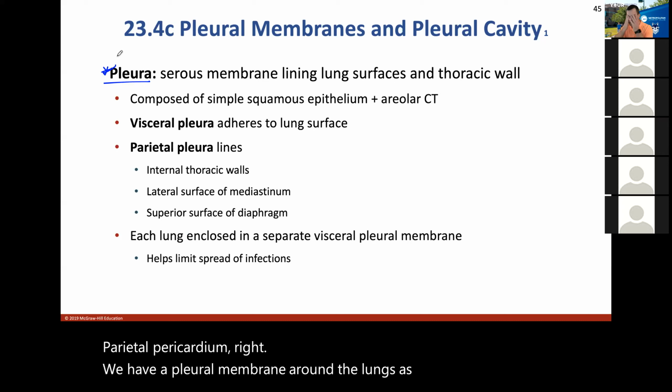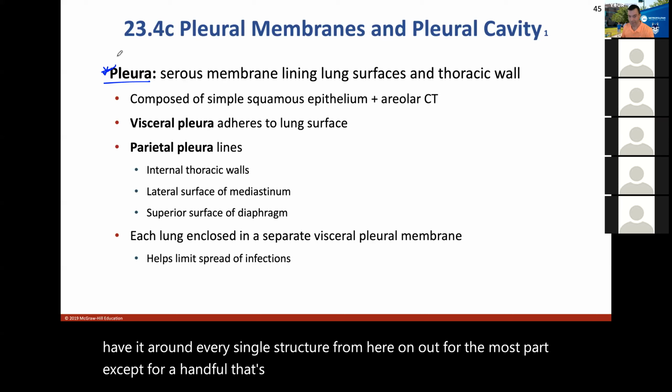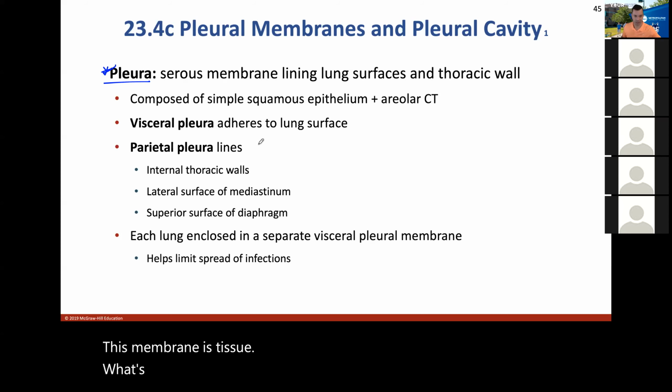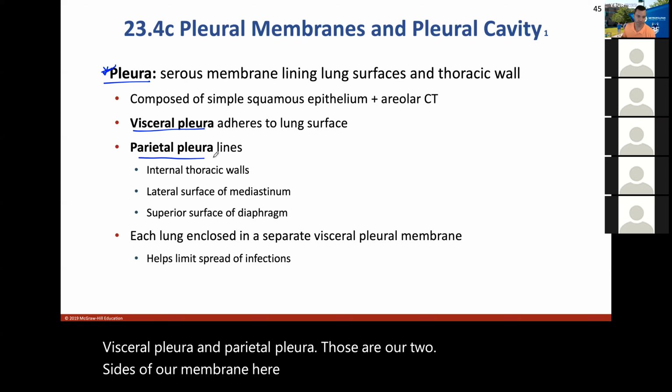We're going to have it around every single structure from here on out for the most part, except for a handful. Everything else is going to be wrapped in this membranous tissue. What it's composed of, I don't really care. Visceral pleura and parietal pleura, those are our two sides of our membrane here that surround the lung.